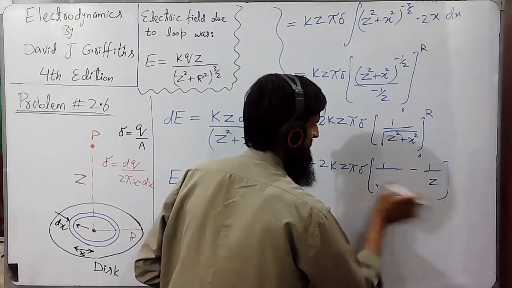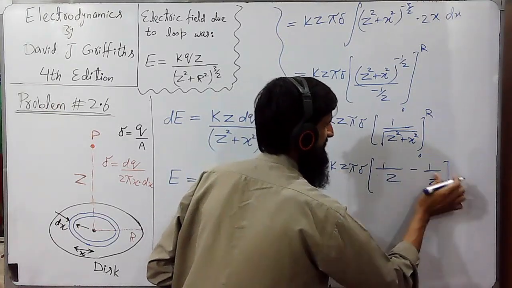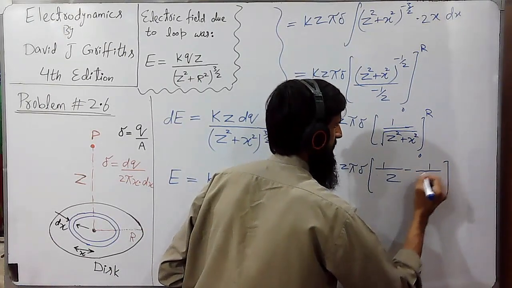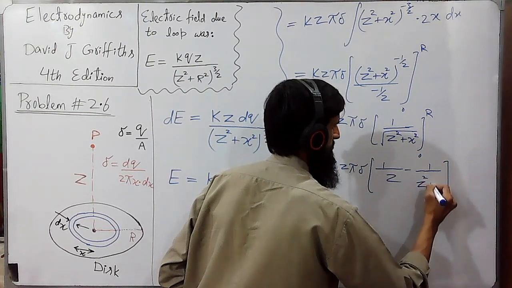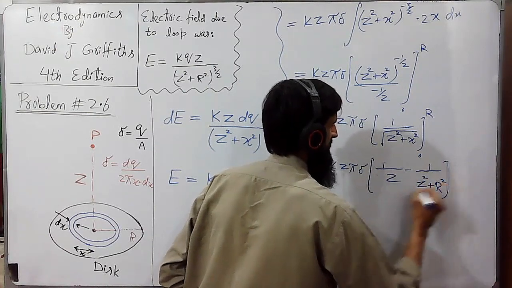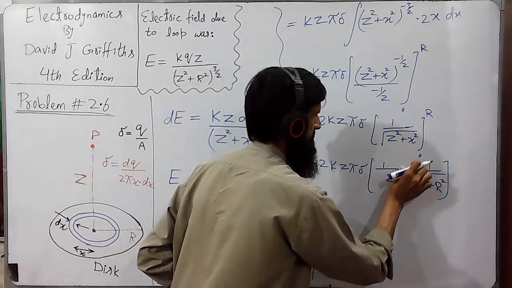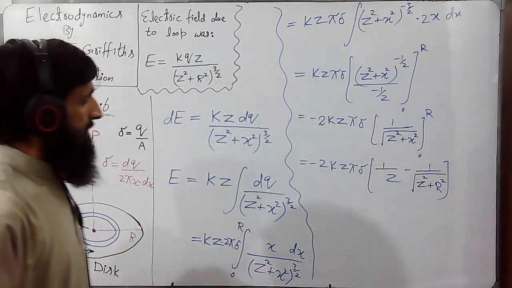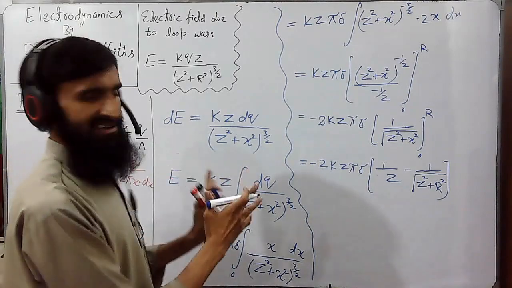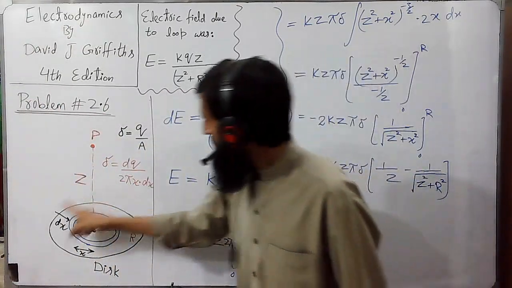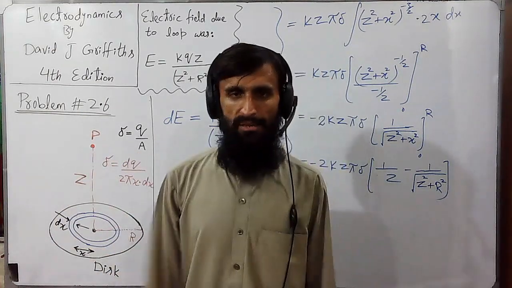So here it will become 1 by z, and this one will become 1 divided by the square root of z square plus r square. Now this is the electric field. This is our final electric field due to this complete disk at this point P.